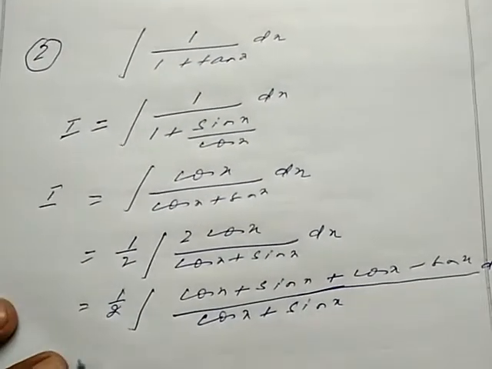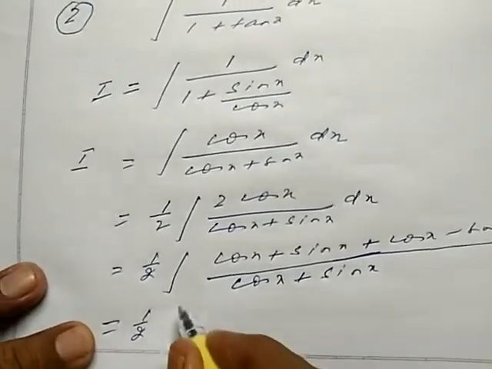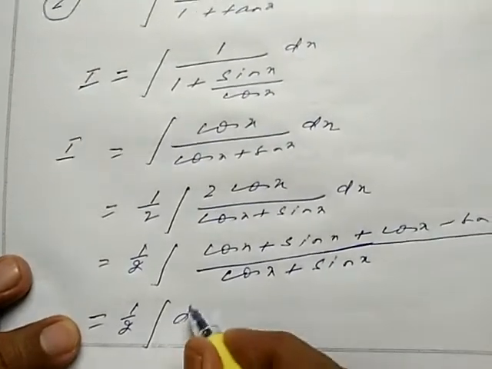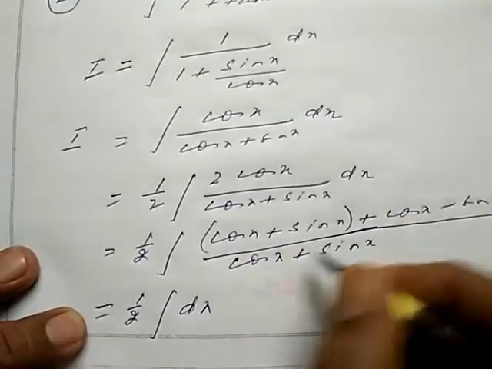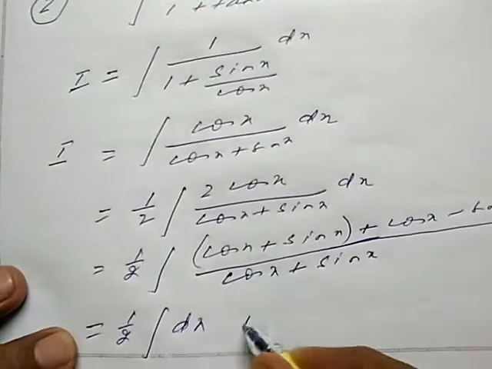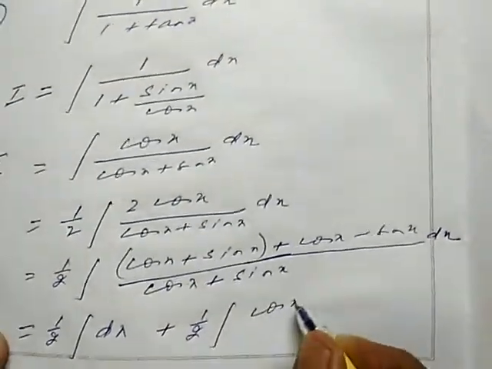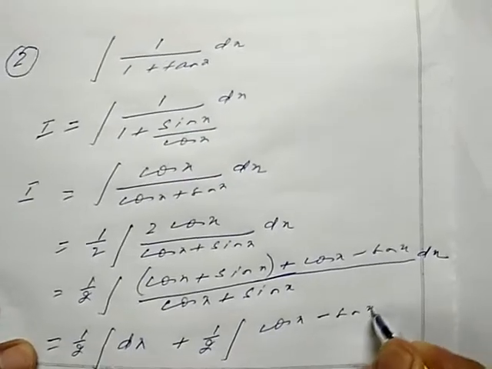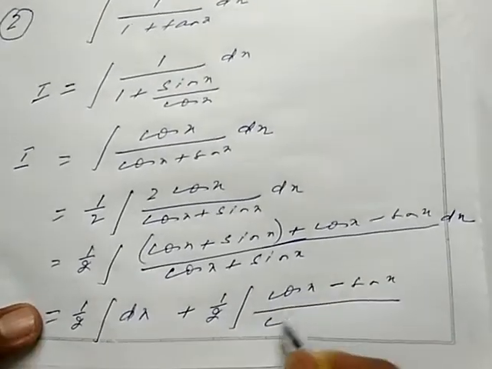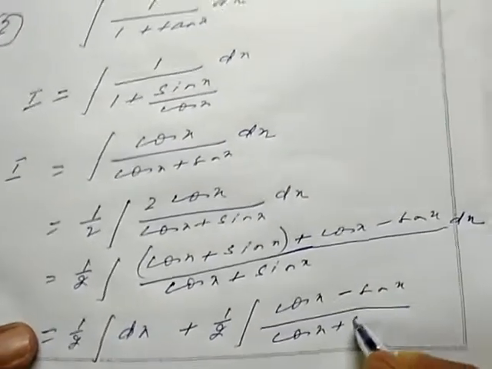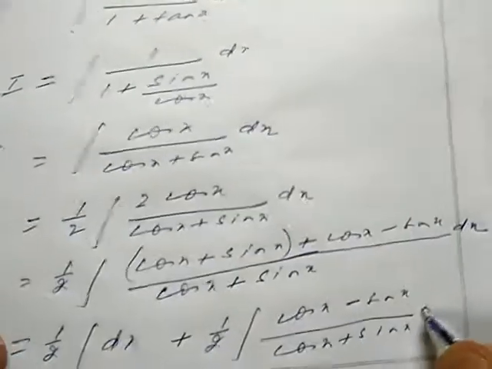So we got it. Now after that we will make it into two parts. One part will be half dx, because of the denominator, plus half of cos x minus sin x upon cos x plus sin x dx.